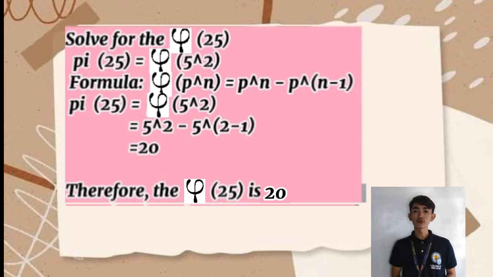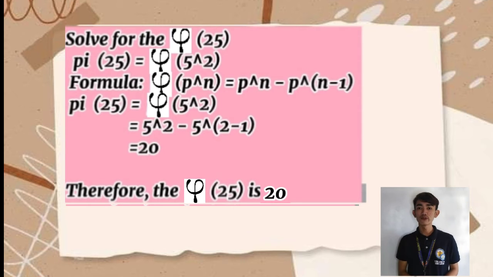Since 25 can be written as 5 squared, we can use the formula phi of p raised to n equals p raised to n minus p raised to n minus 1. We have phi of 25 equals phi of 5 squared, which is 5 squared minus 5 raised to 2 minus 1, we have 20. Therefore, the phi of 25 is 20.